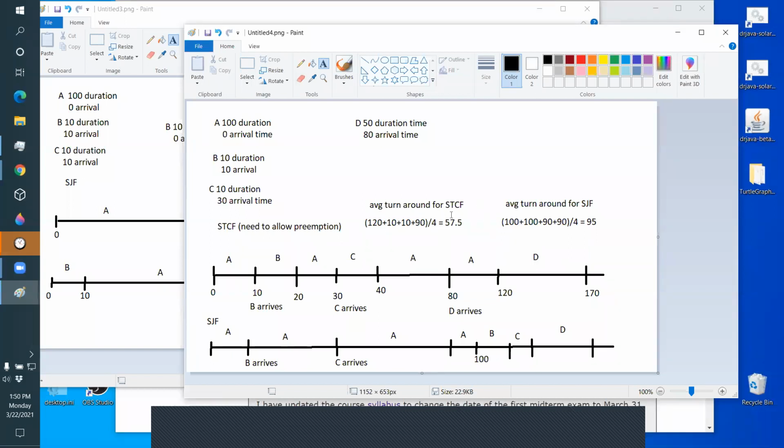Shortest time to completion first is going to give us way better results, and shortest job first is going to be better than first come first serve. Right now we have 3 algorithms: shortest time to completion first, shortest job first, and first come first serve. Each one is better than the next, and first come first serve would be the worst.